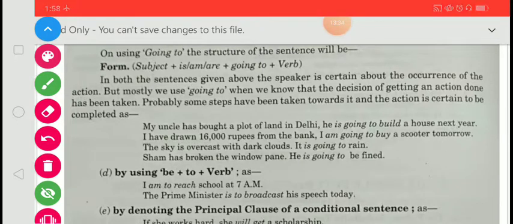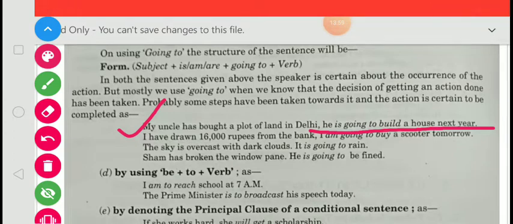For example, my uncle has bought a plot of land in Delhi. He is going to build a house next year. So here, students, most of the action has been done and the rest is planned for the future. In such cases we use going to.